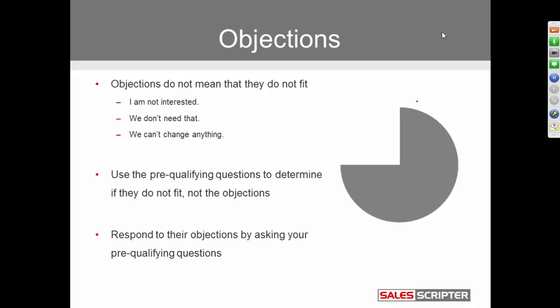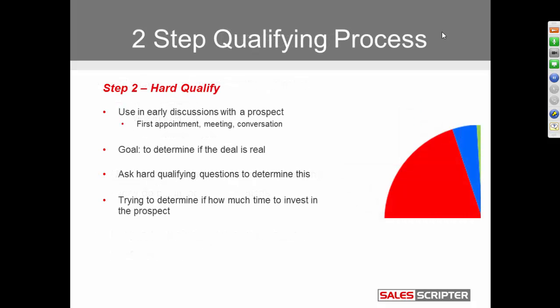And listen, I'm not trying to sign you up right now. But if I could ask you real quick, are you guys currently using anything for blah blah blah? Oh yeah, we're using this. Okay, how long have you been doing that? Oh, we started that last June. Okay. Is there anything that you like or don't like about that? So there we got away from that objection. So just keep in mind that the qualifying process and pre-qualifying questions are great for objections.